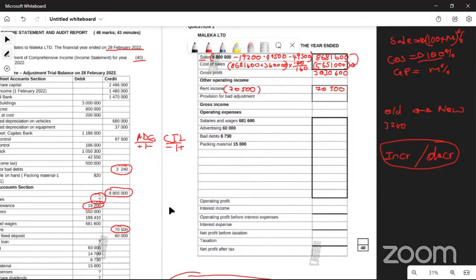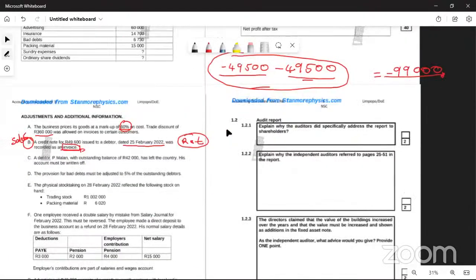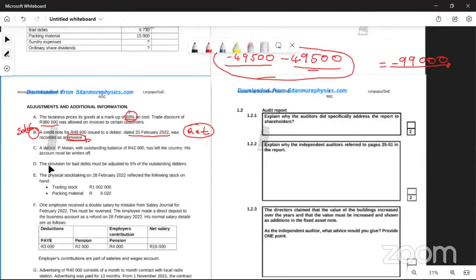Then we move and check for the new provision for bad debt. What is said about the provision for bad debt? Here it is. The provision for bad debt must be adjusted to 5% of the outstanding debtors. Sorry, wrong, guys, of the outstanding debtors.